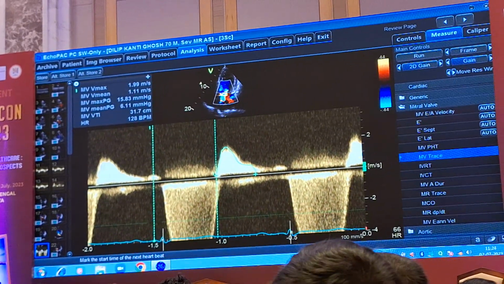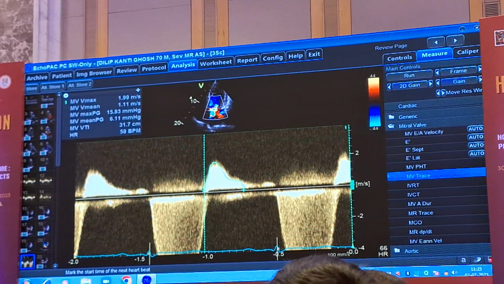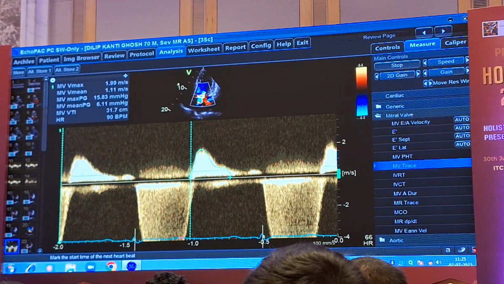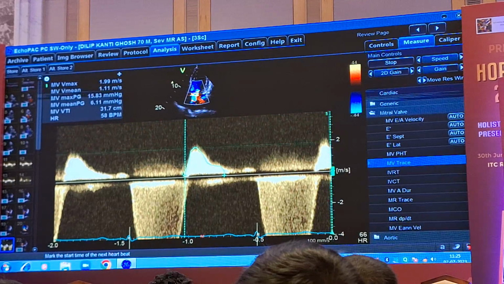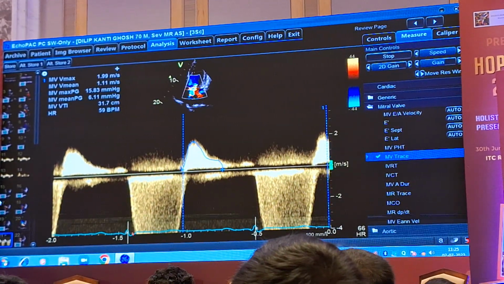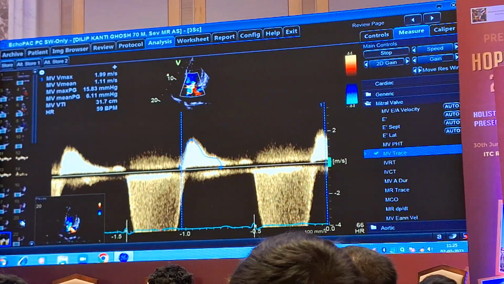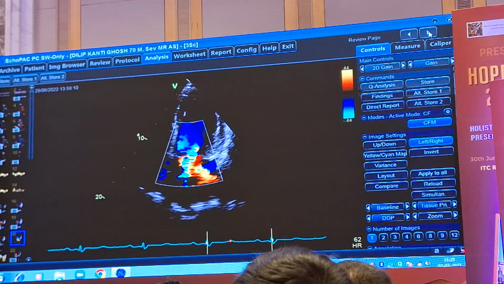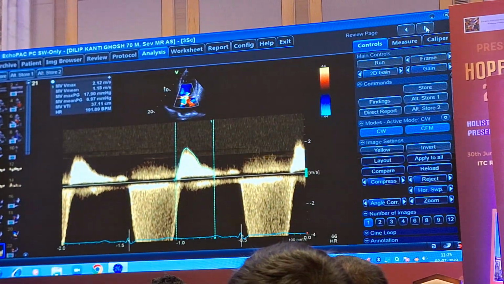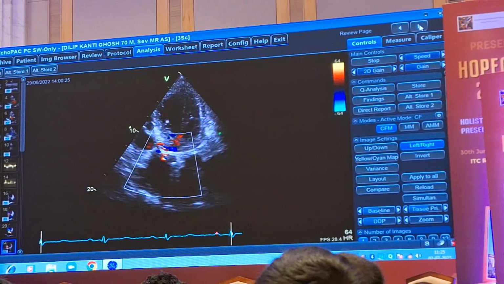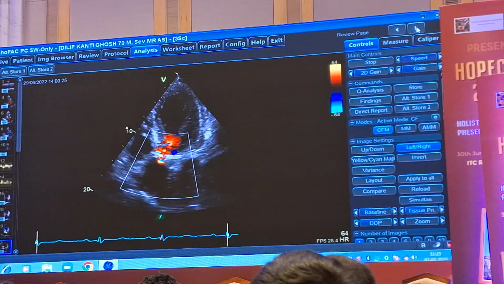Another important thing I'll show you in this case: look at the aortic valve.